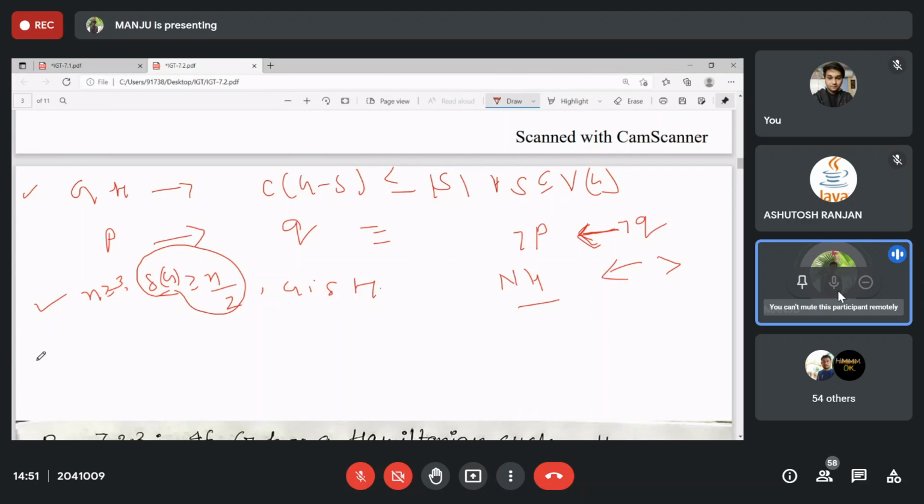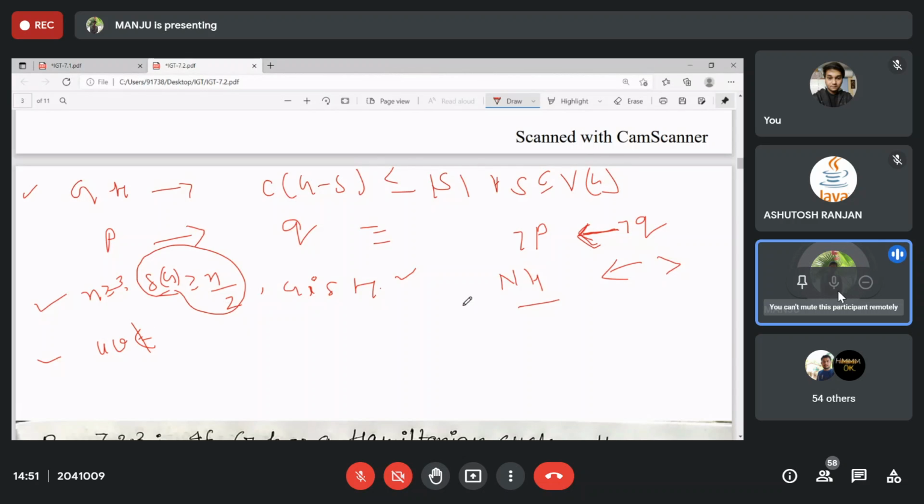And the last condition we have done, from the proof of this one only, we have classified that. We have just taken both cases. Whenever you have U and V non-adjacent, obviously non-adjacent vertices have to exist for any graph, right?